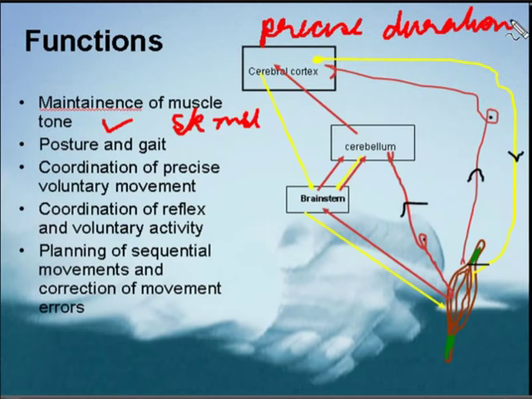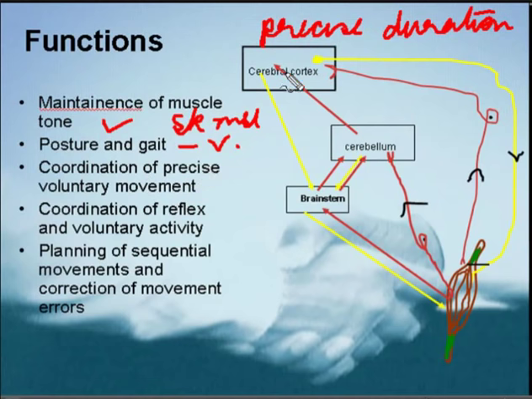It maintains posture and gait, and it does this through its vestibular connections and through its cortical connections. It coordinates and makes sure precise voluntary movement occurs, and this it does by comparing the output of the motor cortex with information that it's getting from here, which is what I explained earlier, and then it indirectly influences the anterior horn cells.